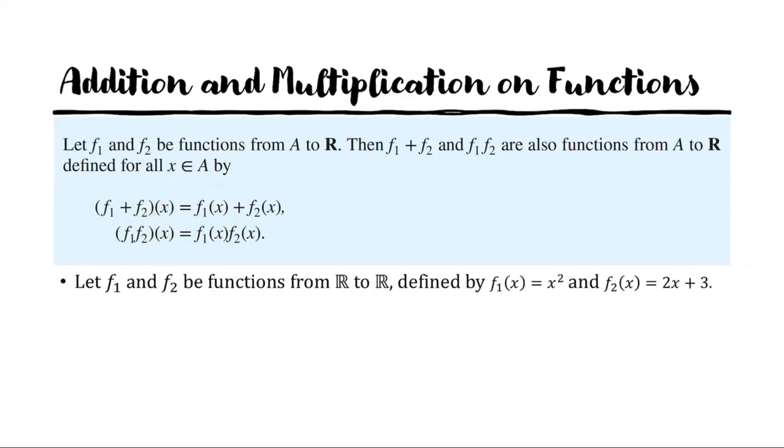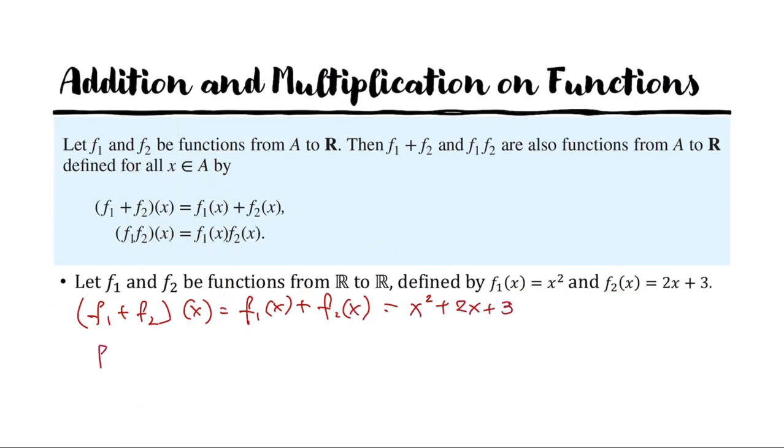So if we look at an example, here are two functions, both from the set of real numbers to the set of real numbers. Then we have (f1 plus f2) of x equals f1 of x plus f2 of x. Then this will just equal x squared plus 2x plus 3.